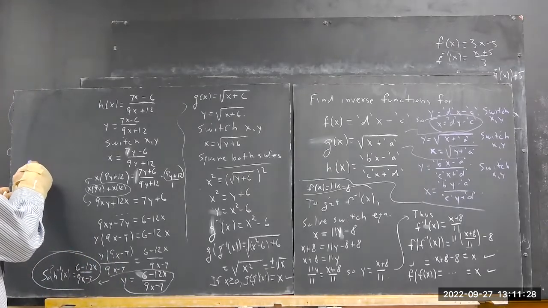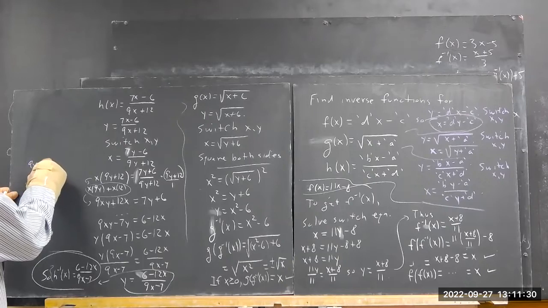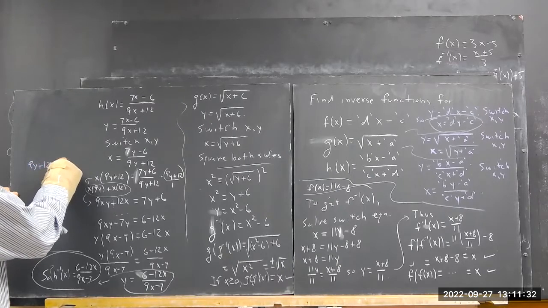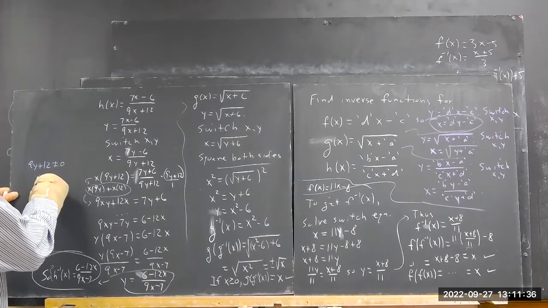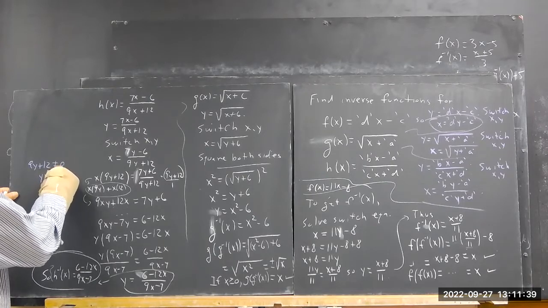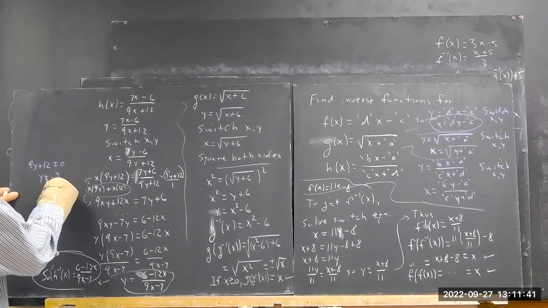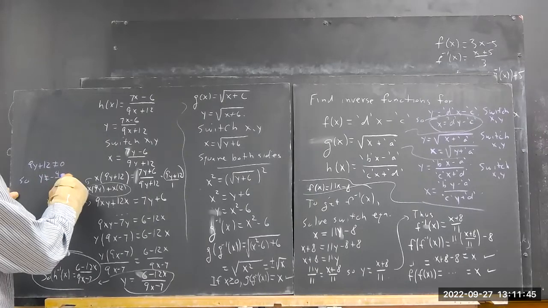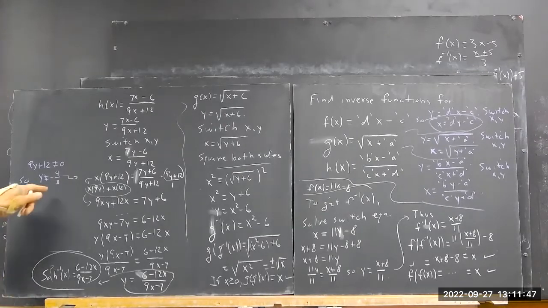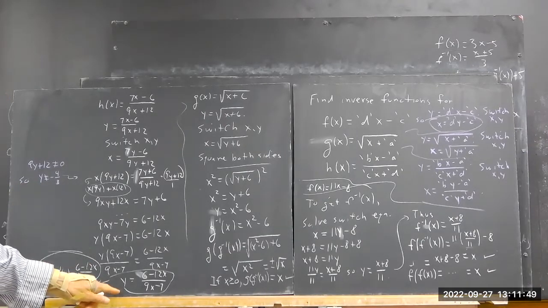So here I'm going to say 9y plus 12 is not equal to 0, so y can't be equal to negative 4/3. So negative 4/3 is not going to be in the domain of this function.